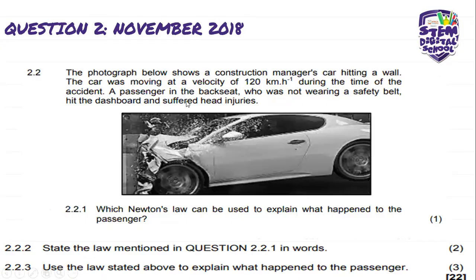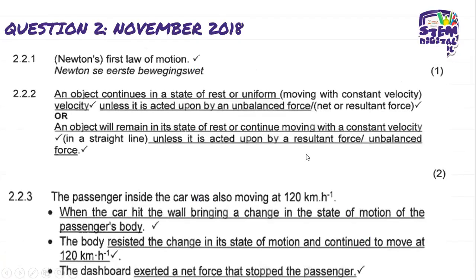So if the force exerted on the dashboard is the forward force, then the force exerted by the dashboard on the passenger is a backward force. So that is essentially what actually happened to the passenger.